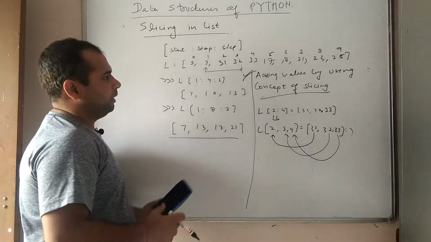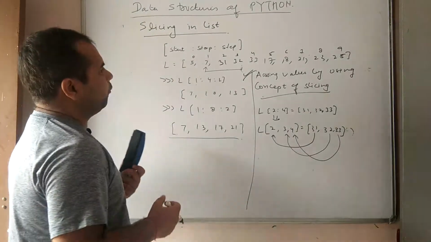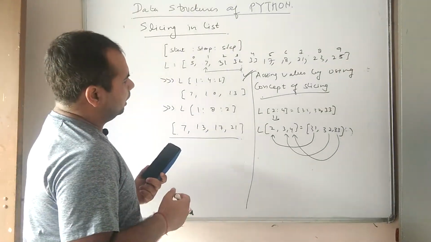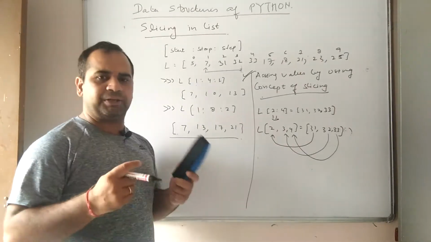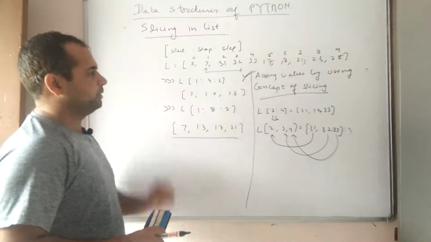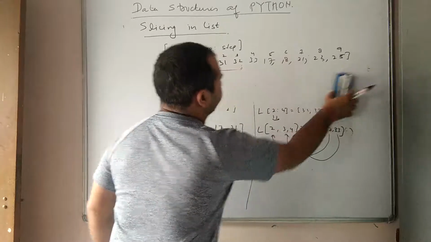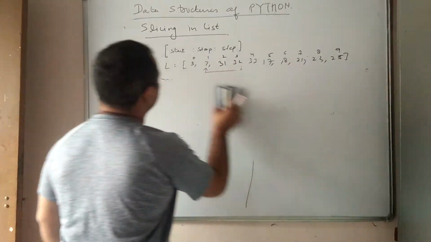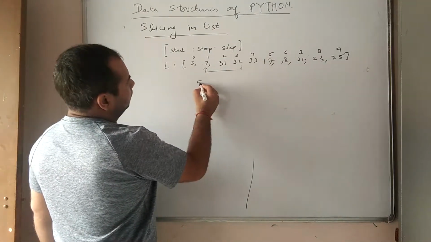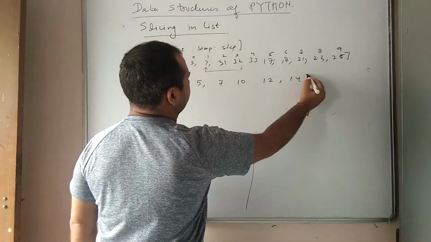Now let us have some more interest in this slicing concept. We will see some negative indexing also, and for this I will change this example into a small example so that we will get a more basic idea. 5, 7, 10, 12 and 14.